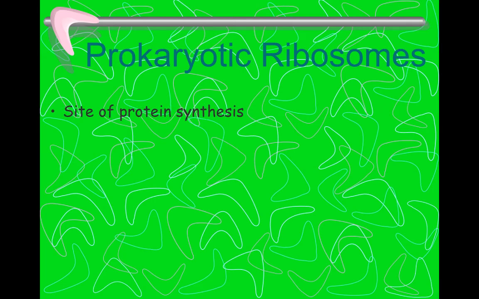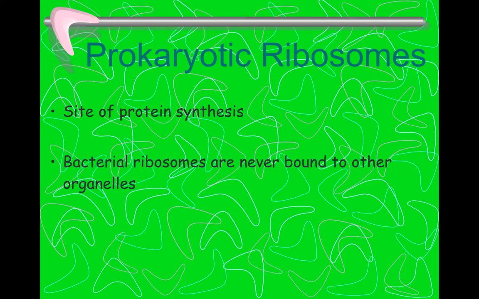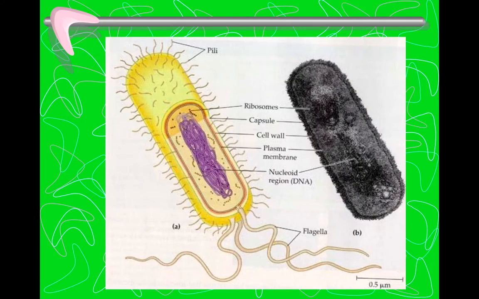Prokaryotic ribosomes. This is the site of protein synthesis, which is the production of proteins. Bacterial ribosomes are never bound to other organelles. They're kind of just free floating. And you can kind of see these little dots, these kind of dots here. Those are the ribosomes.